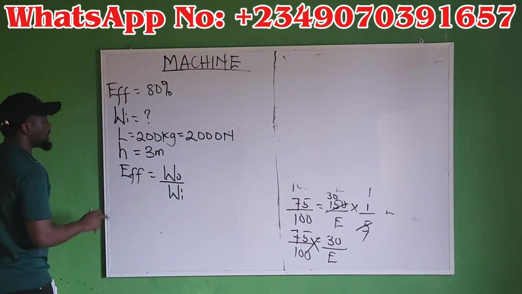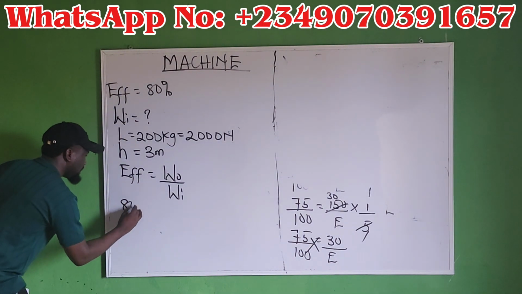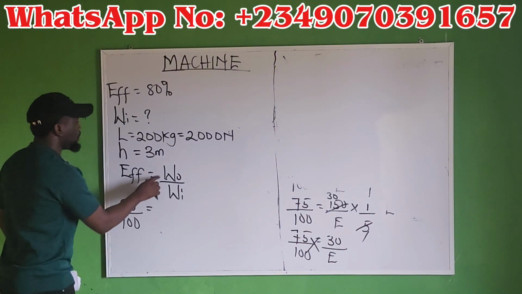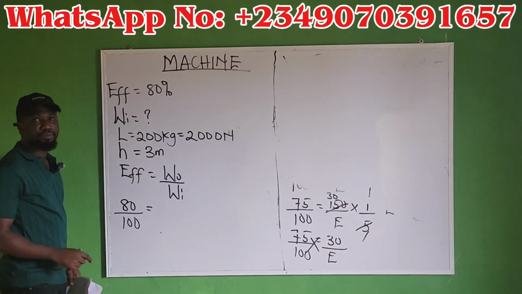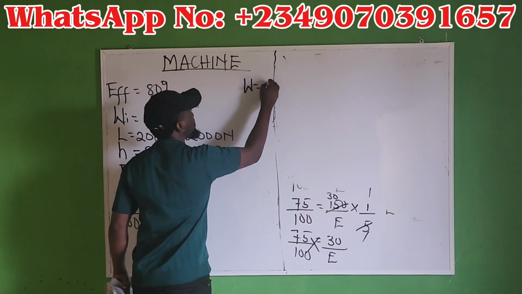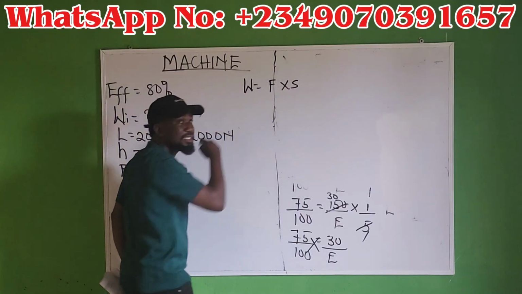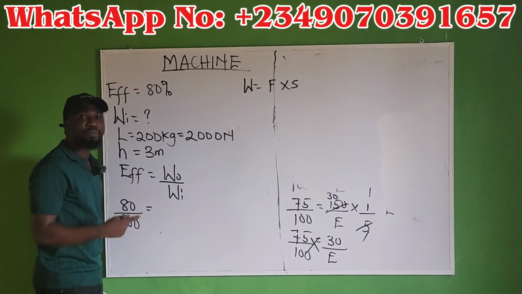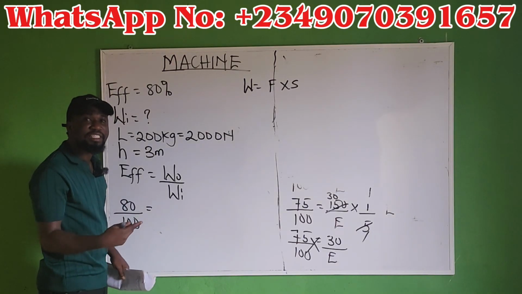So for the efficiency now, that is 80. We have 80 divided by 100, then equal to, what is the work output? Remember that work done is force times distance, right? And we said that work output means work done by the machine, which is linked to the load.